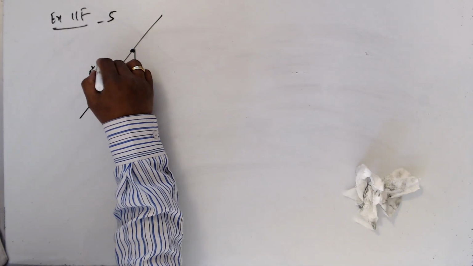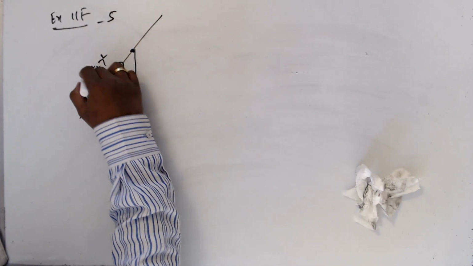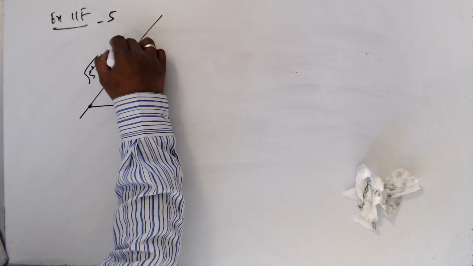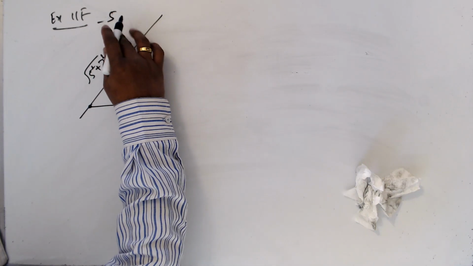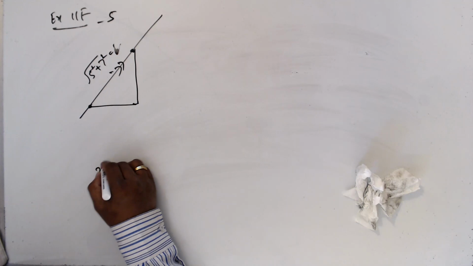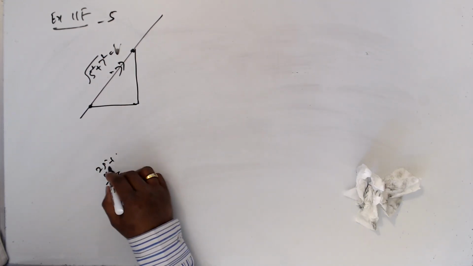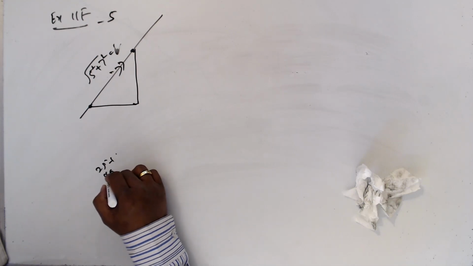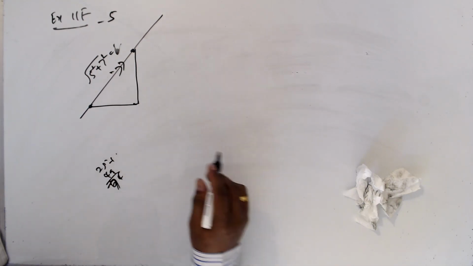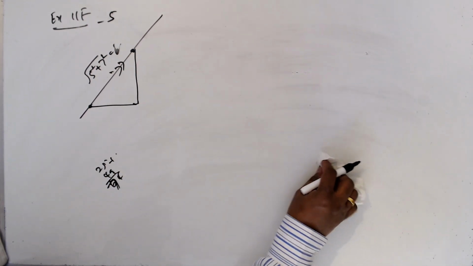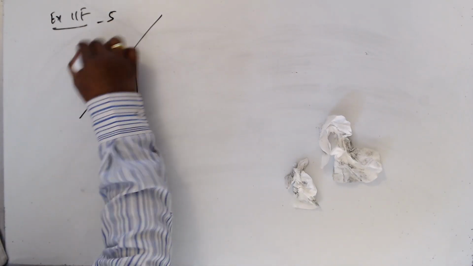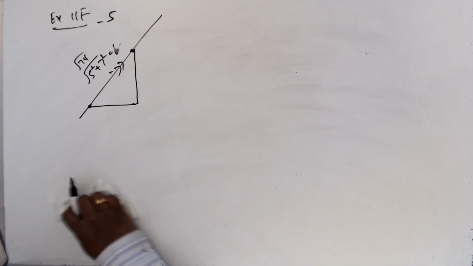Square root of 5 square plus 7 square, that is 25 plus 49, 74. So acceleration is square root 74 in this direction.